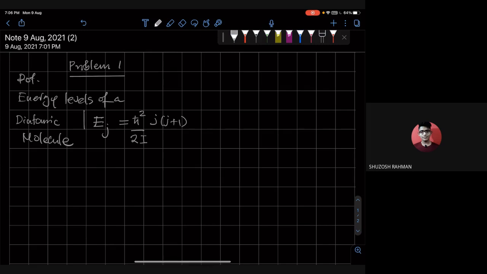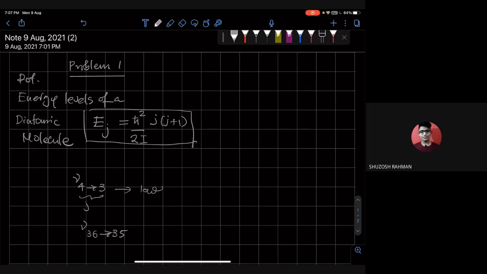What we are given is the frequency of the light that is emitted when the transition is from level 4 to level 3, L or J, and also the frequency when the transition is from 36 to 35.